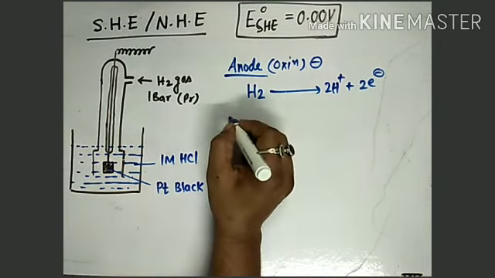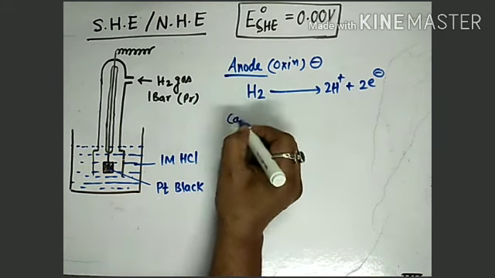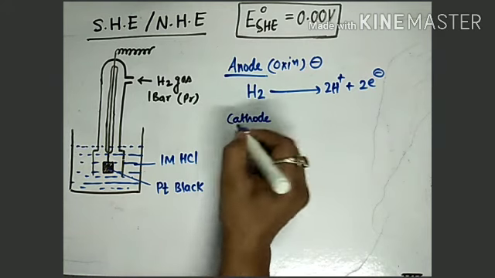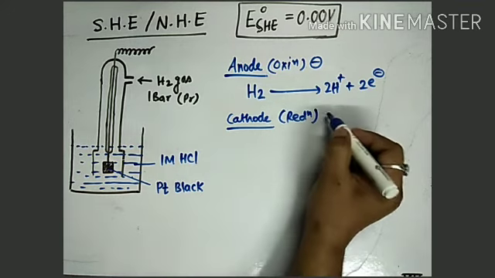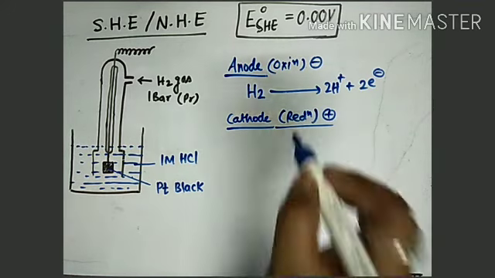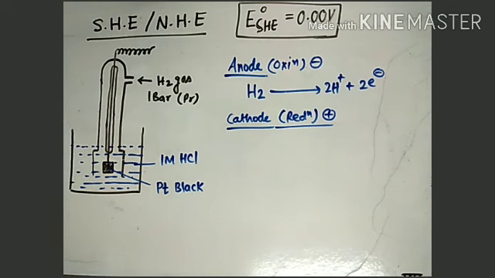So this is the anodic reaction. And if it works as cathode, then obviously reduction reaction is taking place. This is the positive H. Basically HCl splits into H plus and Cl negative ions.